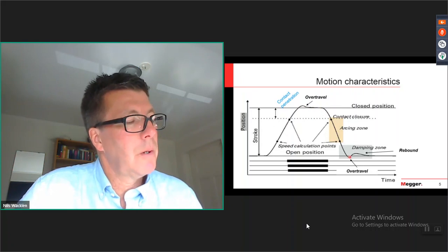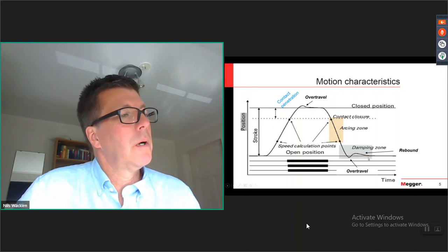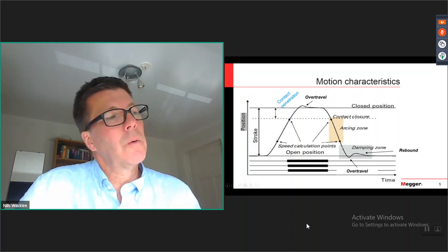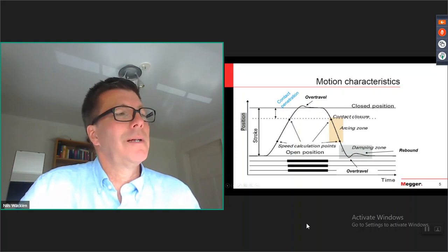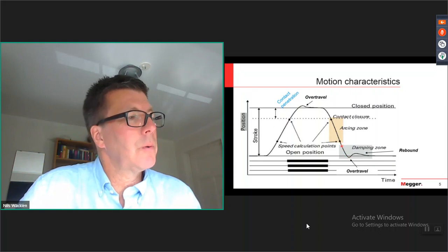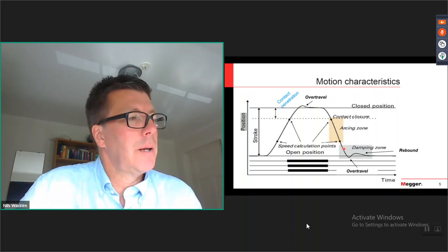You have the same here on the opening part. This rebound here, mechanical rebound. Again, it depends on the design. For instance, this example we have, it seems not to change the speed so much in the damping zone.